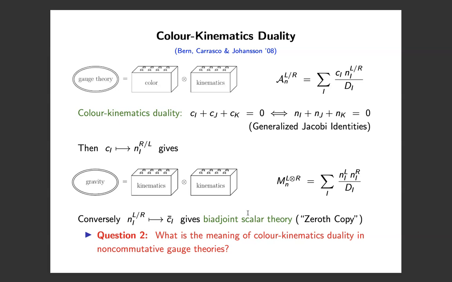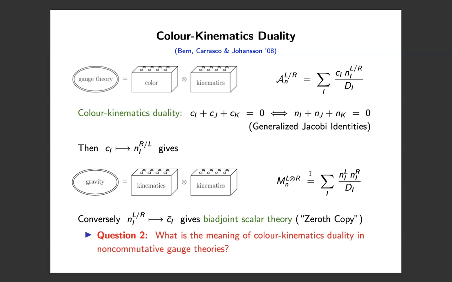And that's often referred to as the zeroth copy in this story, because if you imagine taking a gauge theory and double copying it with this biadjoint scalar theory, if you think a little bit about what happens here, then the amplitudes you get are just going to return those of the original gauge theory.